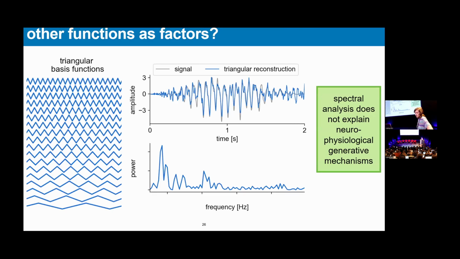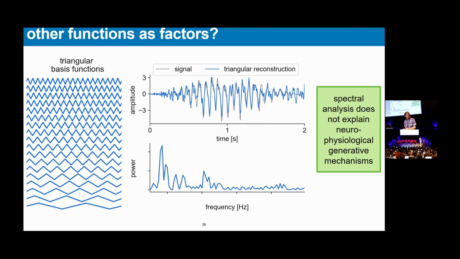So I used sine functions because they have very nice properties for fitting the data, but you could use anything, right? It's just a way to represent the data. Sine functions have very good properties, but it doesn't necessarily mean that in the brain there are, I don't know, 500 sinusoids swinging up and down.